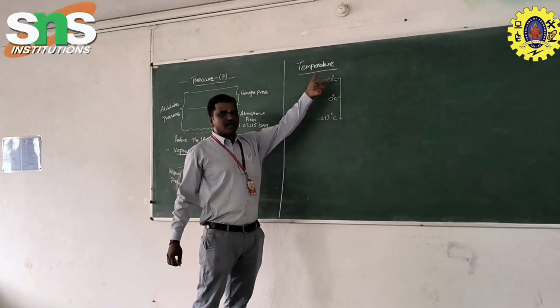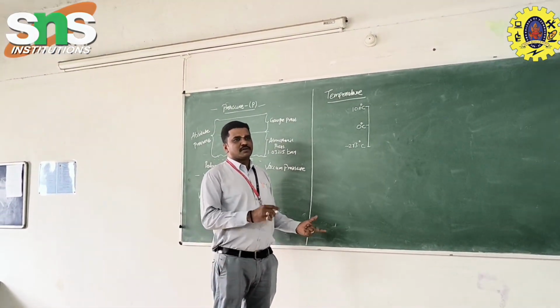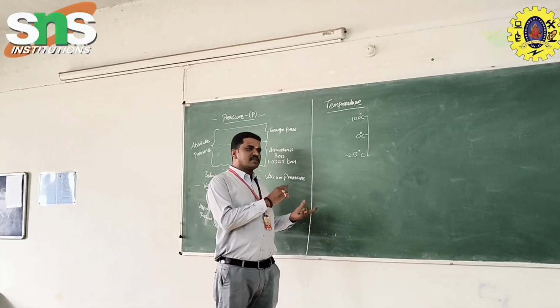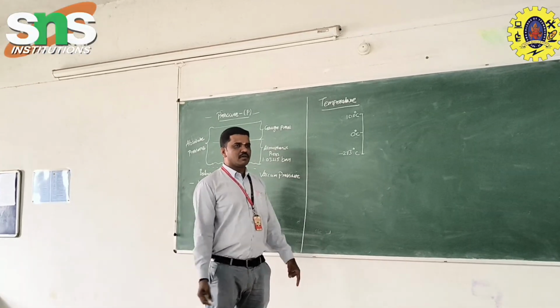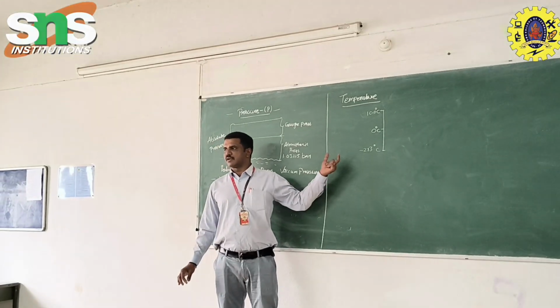So from the degree Celsius point of view, how do we change over from Celsius to Kelvin? That is a very important point in this particular topic we are going to see.